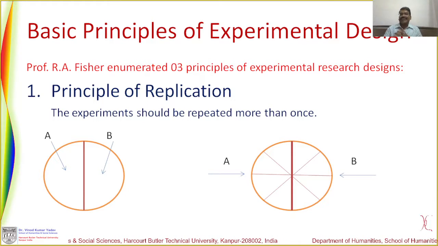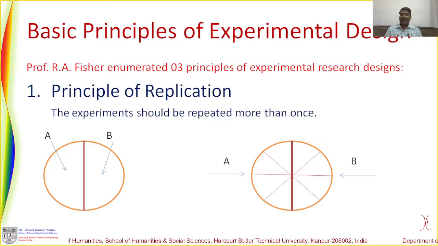Now, when you talk about experimental design, it may be quite possible that the productivity of A is higher than B. But the reason may be that this part of your field has more fertility or better soil quality, and this part has low fertility.